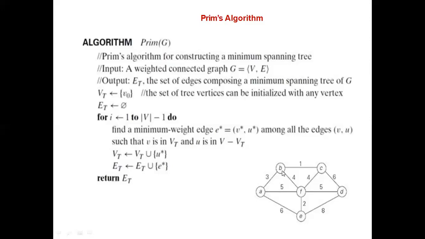So the vertex you have found, U star, is added to V T, and the edge you have found is added to the edge set. And this will be repeated n minus 1 times, or modulus of V minus 1 times, and then it returns the E T.